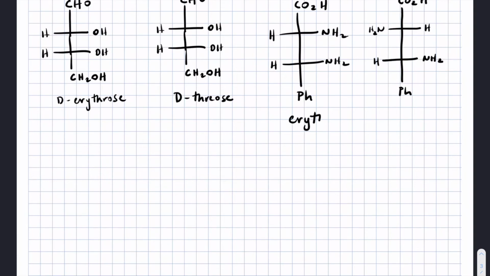But so this is the erythro diastereomer, and this is the threo diastereomer. Yeah. It's less useful than syn and anti. Syn and anti are only useful from a certain point of view, but erythro and threo are less useful because they're only significant by analogy.